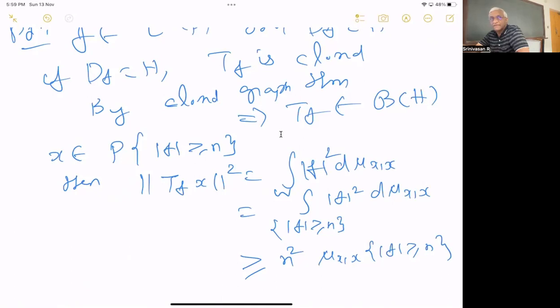You understand the point? I said norm x squared, and I want to prove that x is 0. That's what I want to prove: that f is essentially bounded, so that P of that set should be 0. So if x is in that set, then I have this inequality: T_f x squared is greater than or equal to n squared times mu_xx.